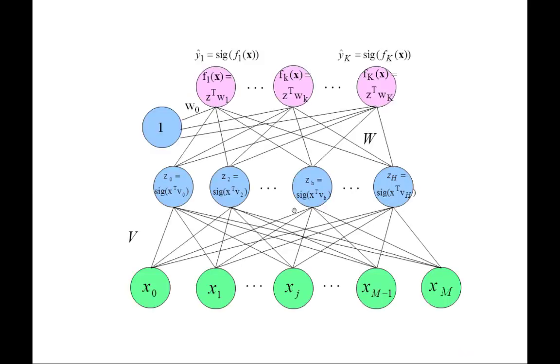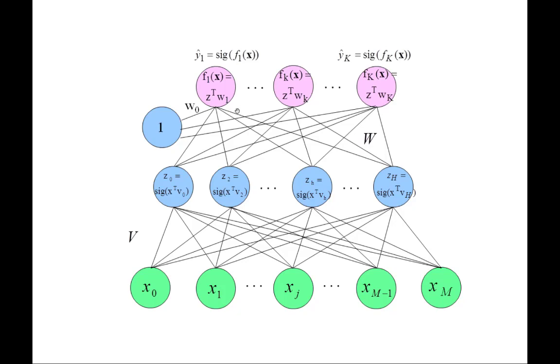So this is the architecture if you have several classes, maybe digits from 0 to 9. Again, we have the inputs. X0 is the constant, then x1 to xm. Then here we are calculating the hidden layer, so the activation of the hidden neurons as before.